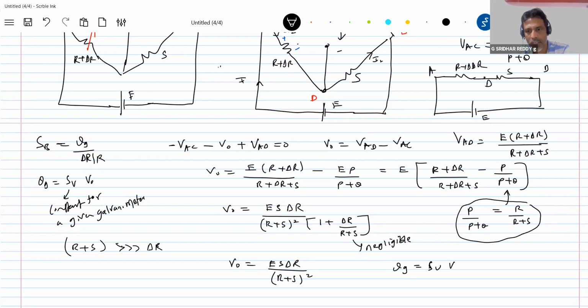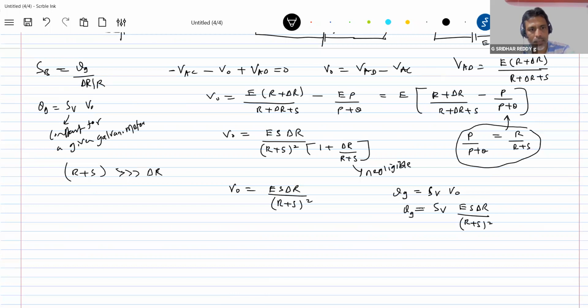In place of V naught, what can I write now? The voltage sensitivity of the galvanometer times E S delta R by (R plus S) whole square. This I'll bring now to the sensitivity of the bridge.